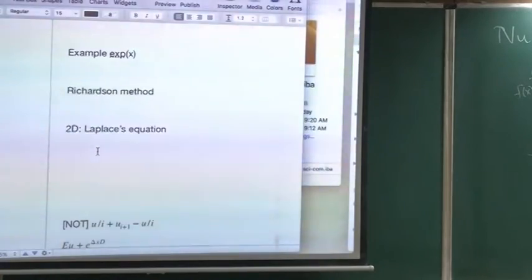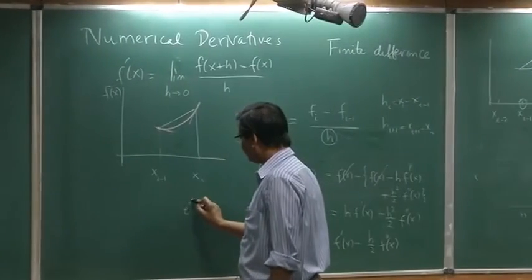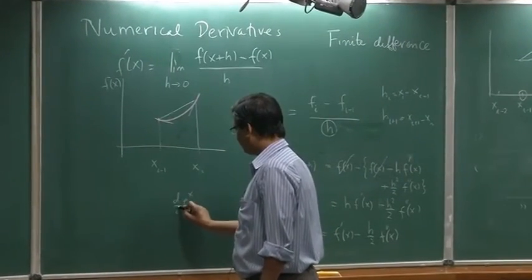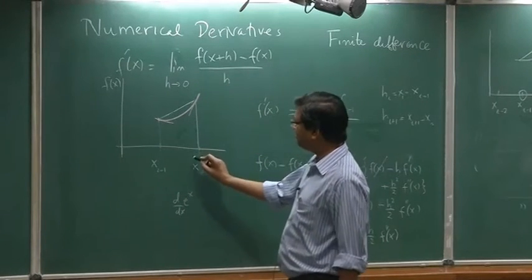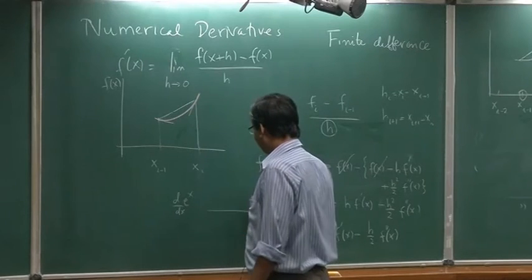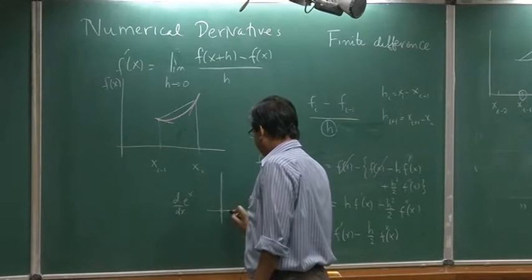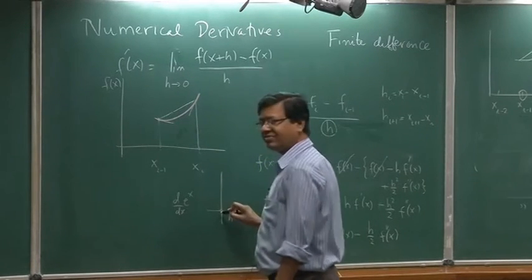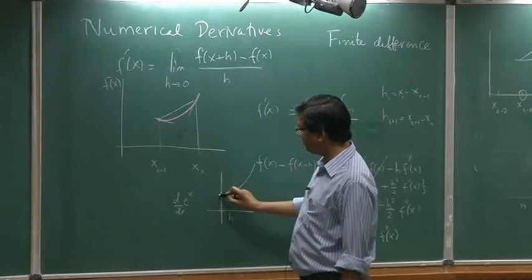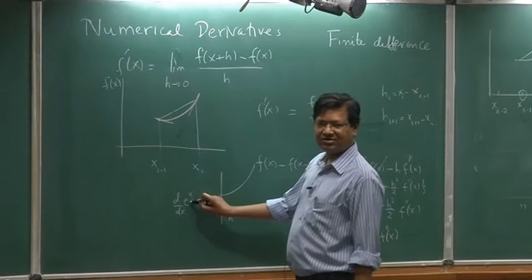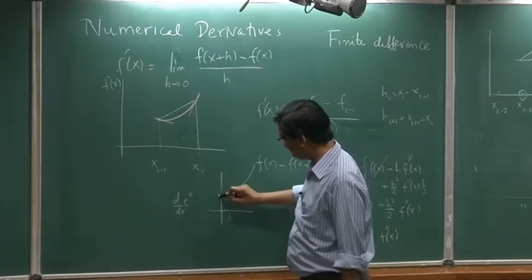You can vary h and see how the error changes. One thing I will request is that we keep decreasing h. So, I want to compute the derivative of e to the power x at x equal to 0. Take 2 points, this is x equal to 0, and then vary h. The function goes like that, and the derivative here is 1.